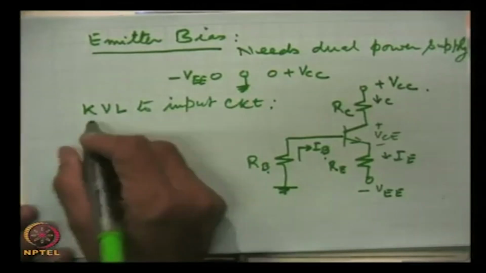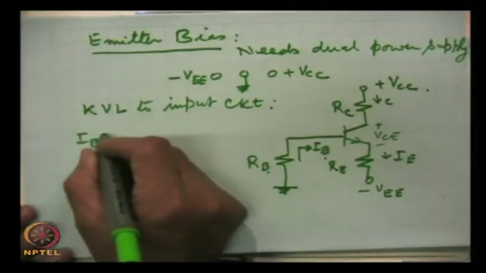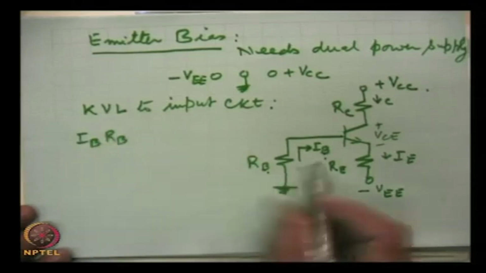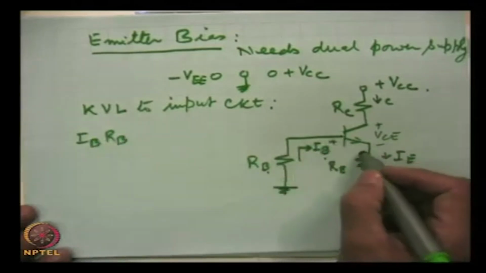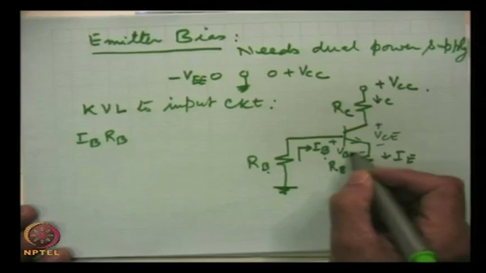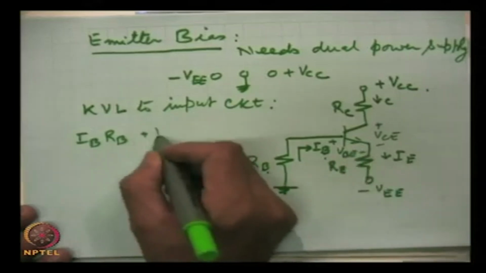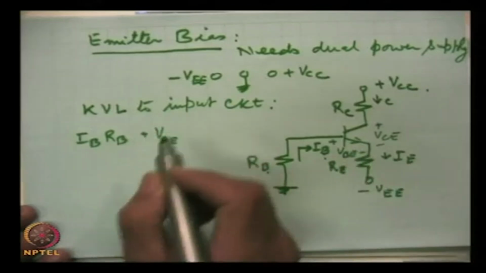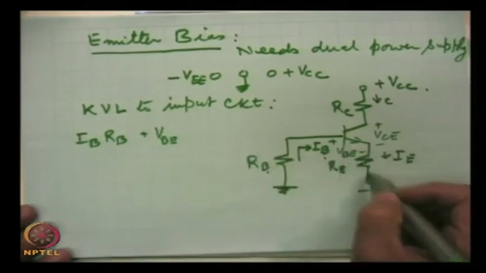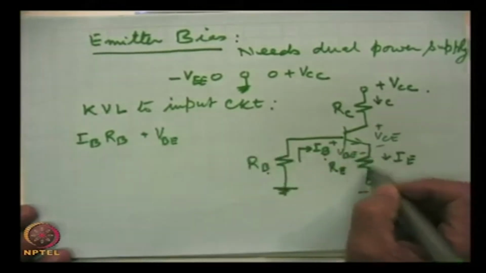And that will give IB RB, this voltage is VBE. So, plus VBE, and then the drop here, this voltage drop.